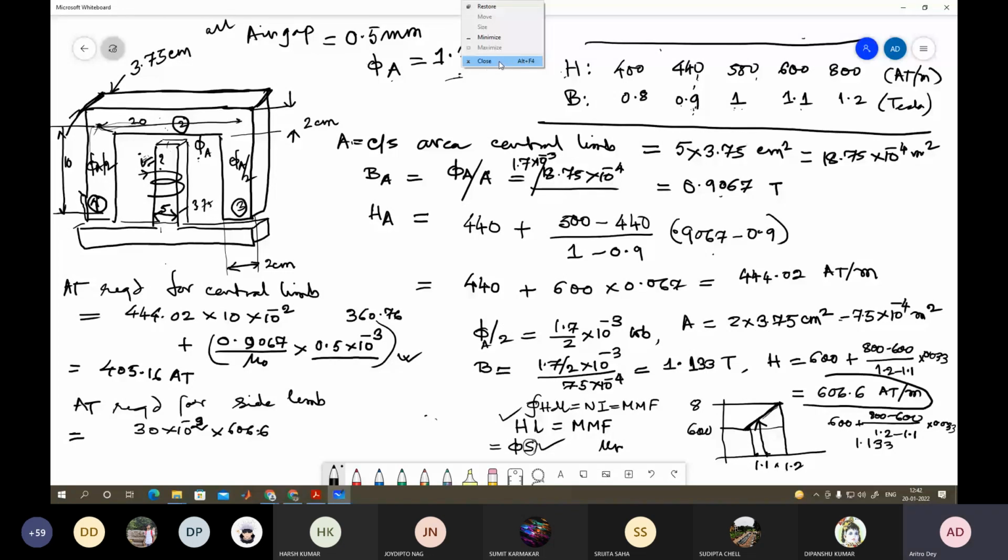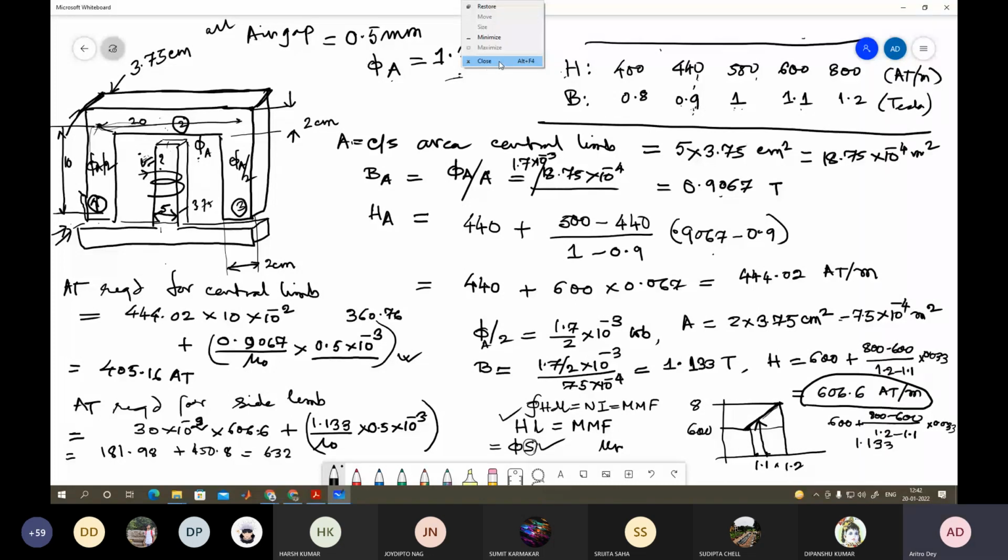Plus again 1.133 divided by mu 0 into the air gap, which we have to consider, 0.5 into 10 to the power minus 3. This comes as 181.98 plus 450.8, which is 632.78 AT.